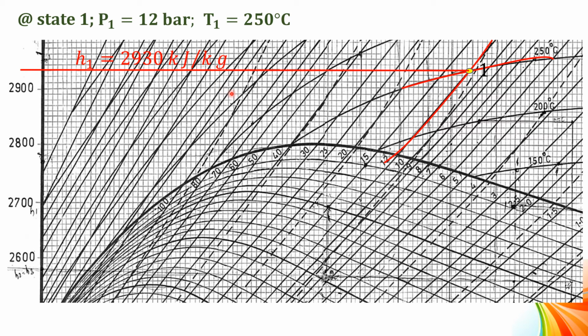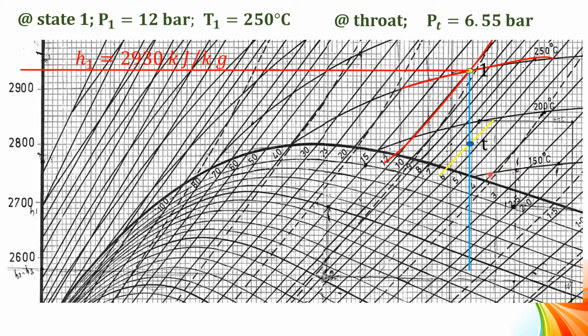Now we know the process taking place in the nozzle is isentropic, therefore from point 1 I have to draw a constant entropy line, or vertical line, downwards. The values at the throat section we have calculated: the pressure Pt equal to 6.55 bar. Now draw a constant pressure line at 6.55 bar. So the vertical line and the 6.55 bar pressure line are intersecting at this point.